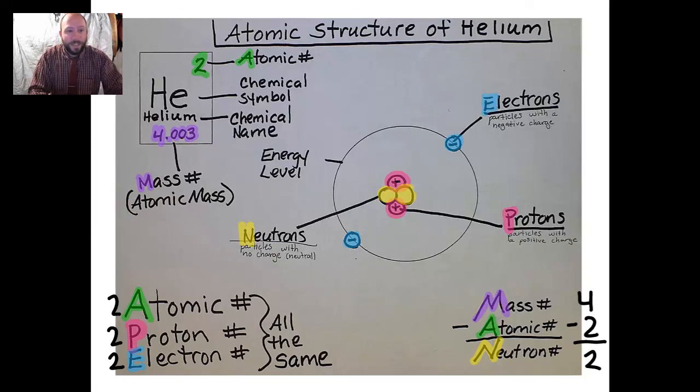We're able to identify the parts of the periodic table here and see how that looks in the actual atom. And we can work with calculating and counting to figure out, remember, APE: atomic number, proton number, and electron number, they're all the same. And the man, or mass number, minus the atomic number equals your neutron number.